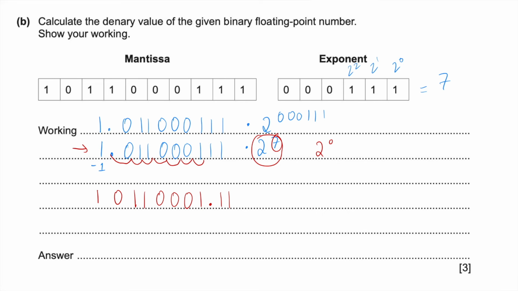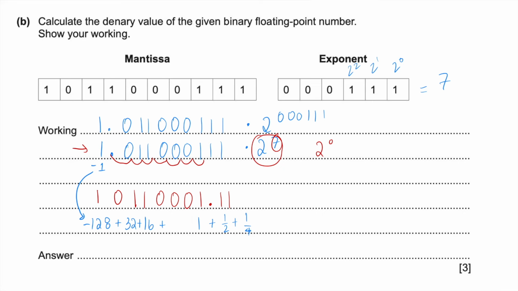So this -1 turns into -128, and we have -128, 64. So it'll be -128 plus 32 plus 16 plus 1 plus 1/2 plus 1/4 for the decimals.